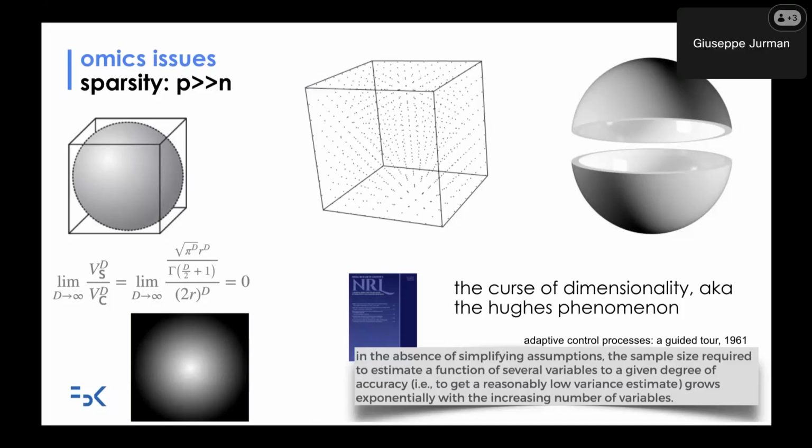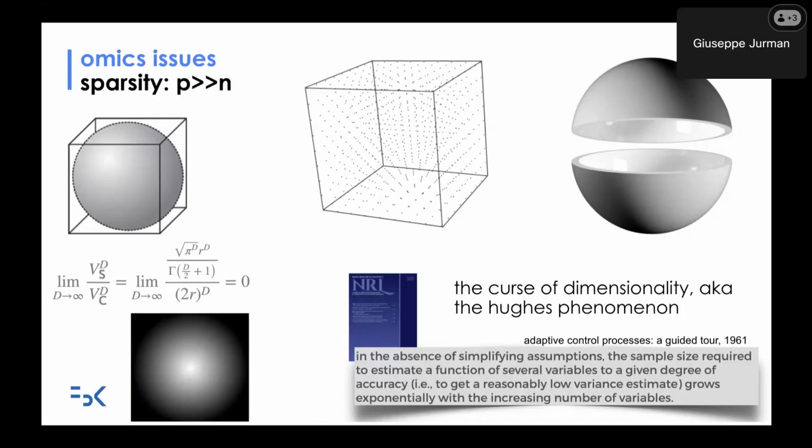What does it mean? It means that the volume of the sphere becomes negligible with respect to the volume of the hypercube. So there's nothing virtually in the center of the cube with respect to the total volume. So where is the total volume? The total volume goes towards the vertices of the cube.